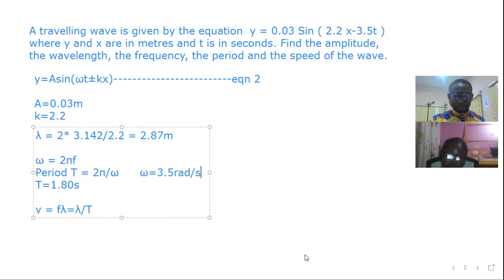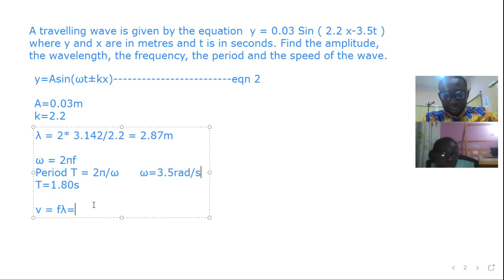Okay. Now with that, it becomes very easy for us to solve this question, because you might be surprised that, sir, we don't have the frequency. You know how to get frequency when you have your big T already.